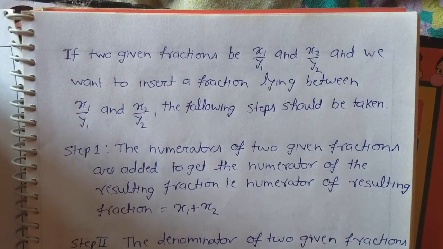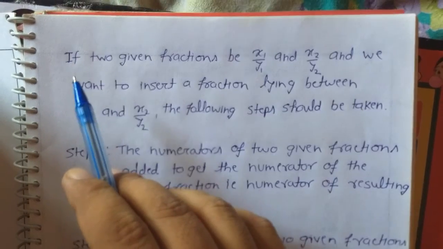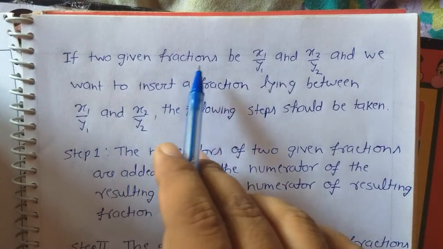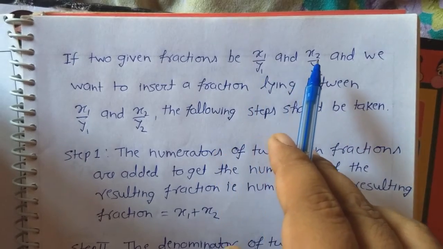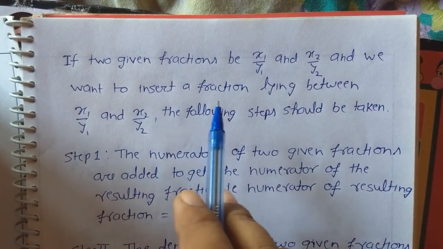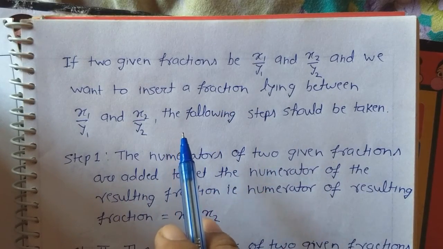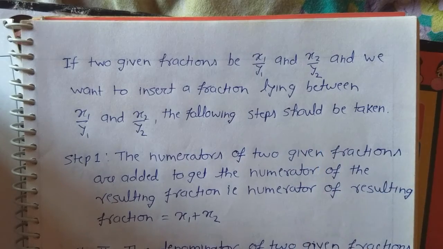Our next problem is based on fractions. See here, the rule is: if two fractions x1 by y1 and x2 by y2 are given, and we want to insert a fraction lying between them, the following steps should be taken.